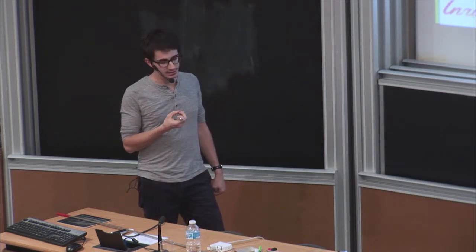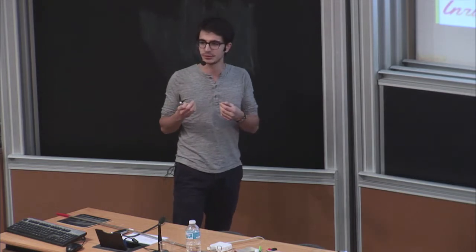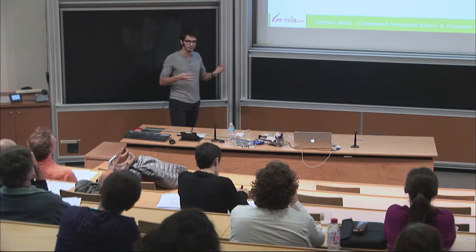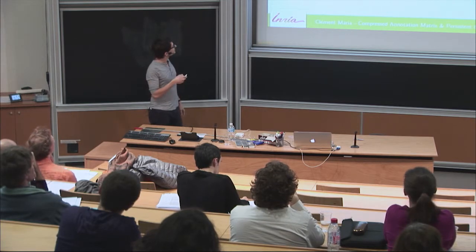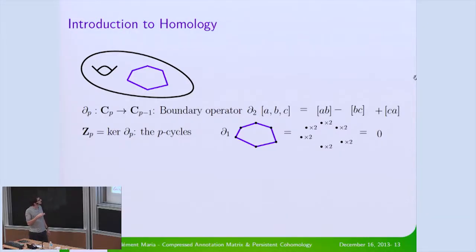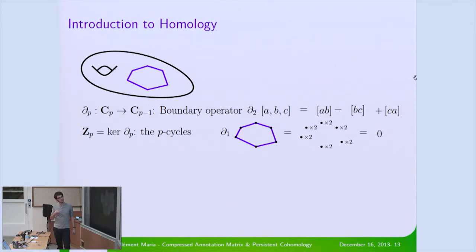The interesting objects, I said, were the loops, but I've presented only arbitrary formal sums. As you can see, loops are actually in the kernel of this operator. If you take the boundary operator of a set of edges forming a loop like this, you get twice every vertex of the edges, because the boundary of this edge will make this vertex appear once, but the boundary of this one will make it appear a second time.